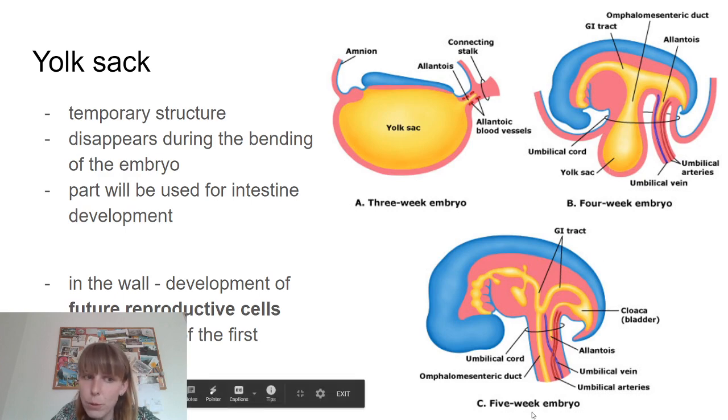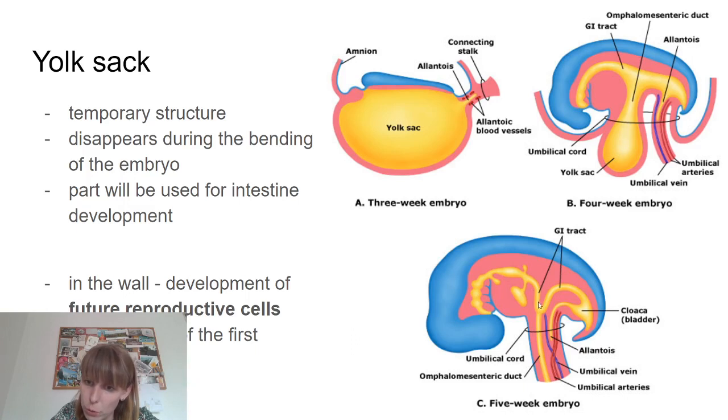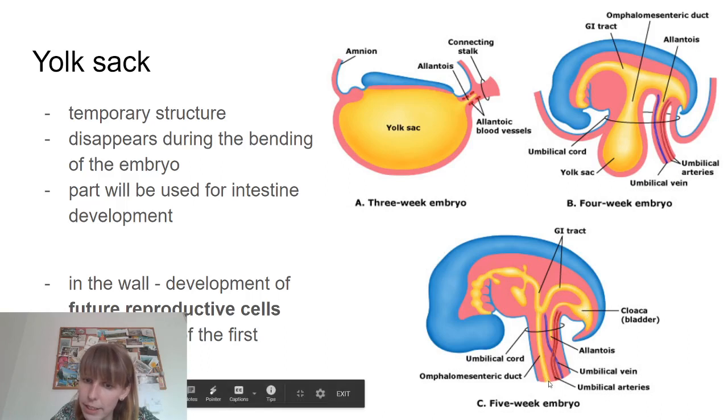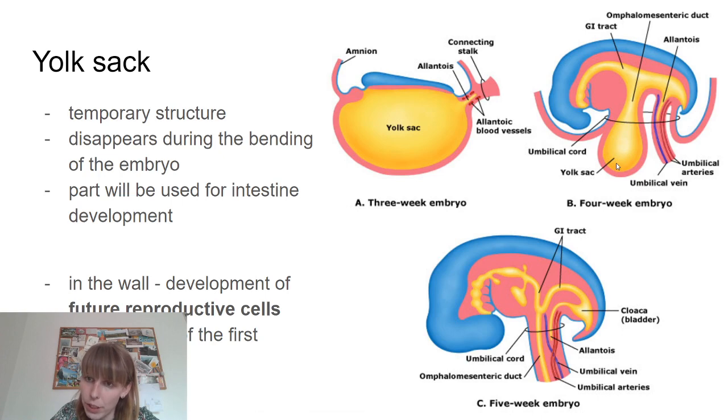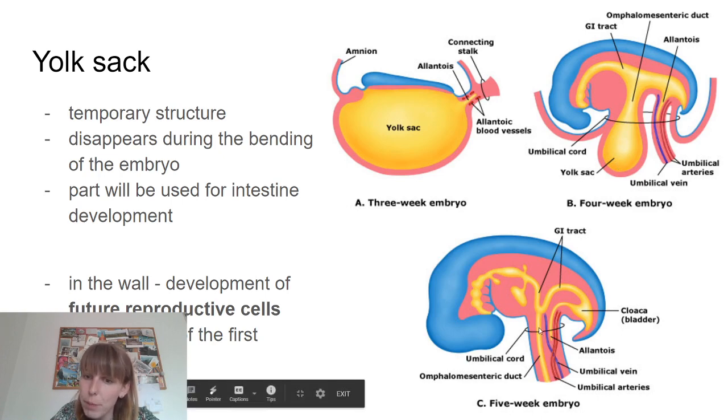And at 5 weeks old, you also still see part of it that will be used for formation of the GI tract, and this part which was going outside of the embryo will be still there, but it will be inside the umbilical cord, and afterwards it will degenerate even from that.